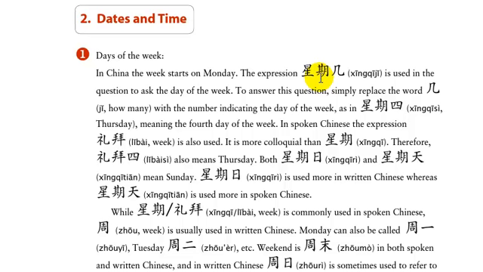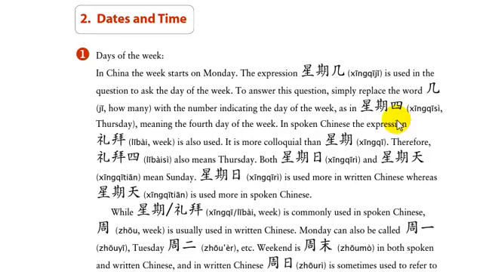For example, if you weren't sure that today was Thursday, you would say 今天星期几, and then you respond. The answer comes by taking out the question word. 几 is the question word. You just take that out and replace it with the answer. 四 for Thursday, 星期四.